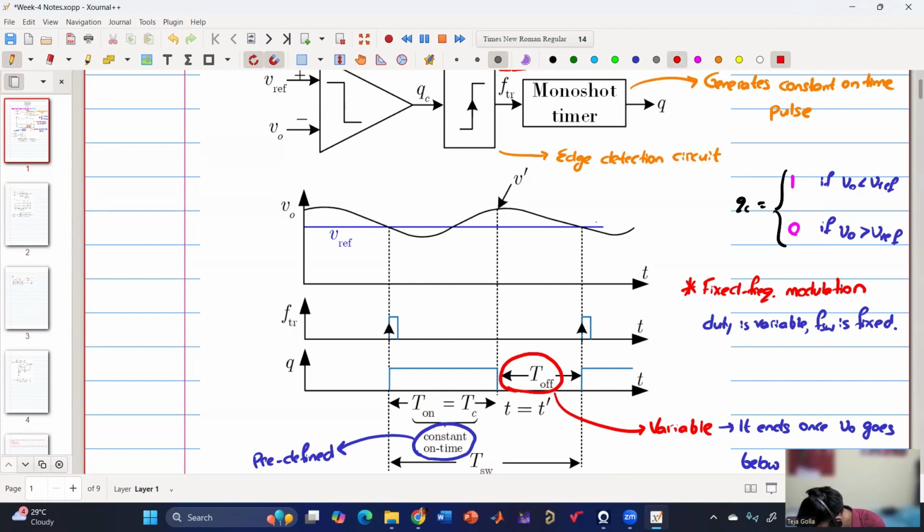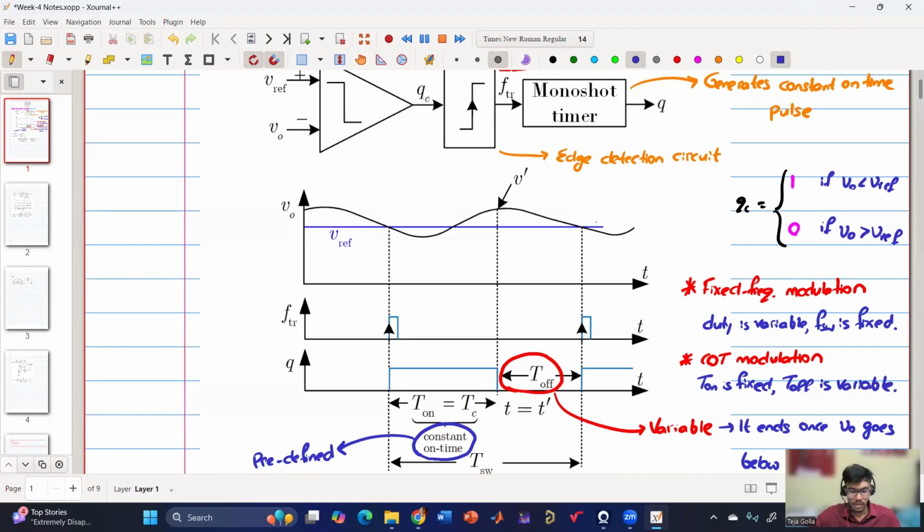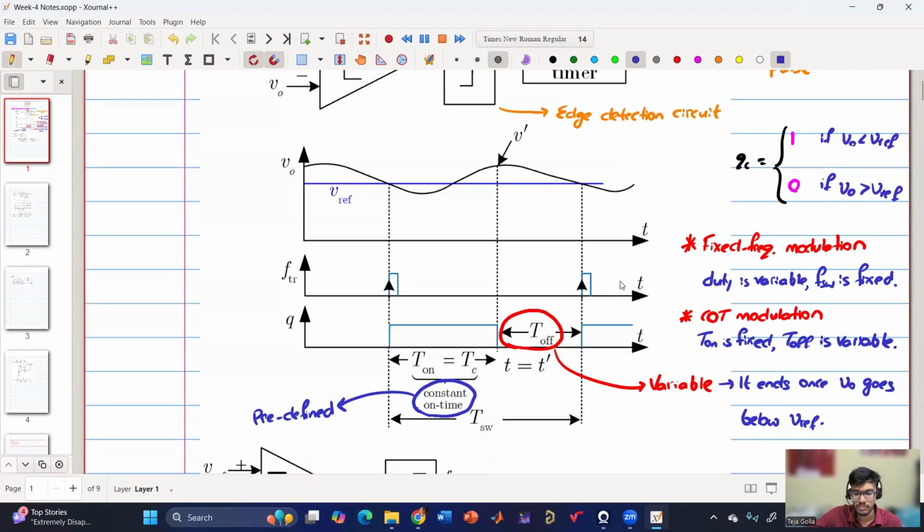Now if you do COT modulation, constant on-time modulation, then the on-time is fixed, T-on is fixed, and T-off is variable.